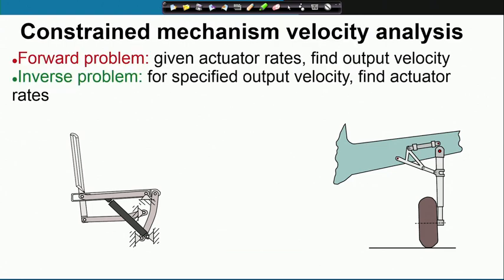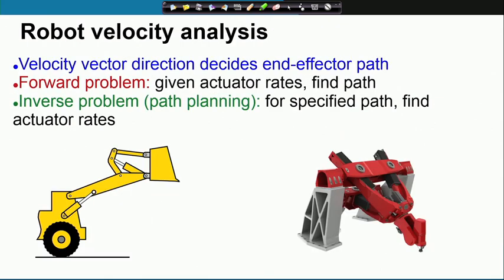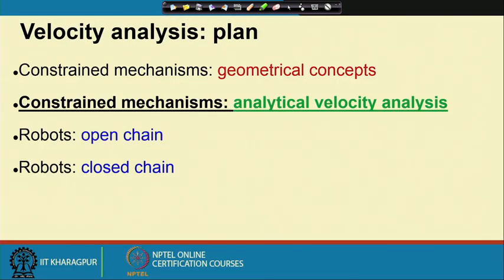We have two problems, the forward and the inverse problems, and for robots we have the path planning problem, which is the inverse problem, very useful for generation of output trajectories by a robot manipulator, which we are going to discuss very soon. We will continue with the analytical velocity analysis for constraint mechanisms. Later on we are going to look at robots and how path can be generated.